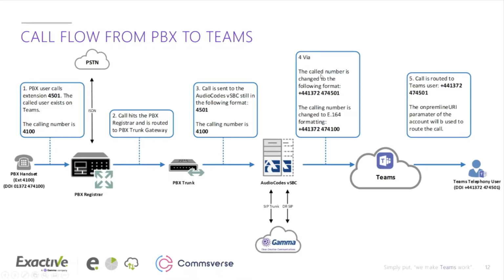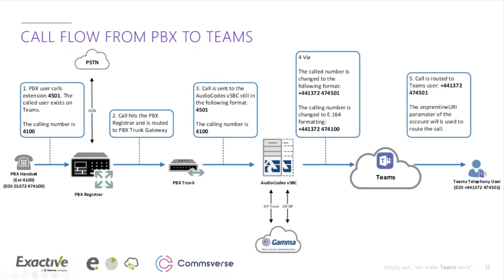So the called number is changed to +44 and then E164, and the calling number is changed to +44 E164. Now, as you can see, the DDI here absolutely matches that because of the on-prem line URI parameter within Teams. So the call is routed to the Teams user. The on-prem line URI parameter of the account will be used to route the call.